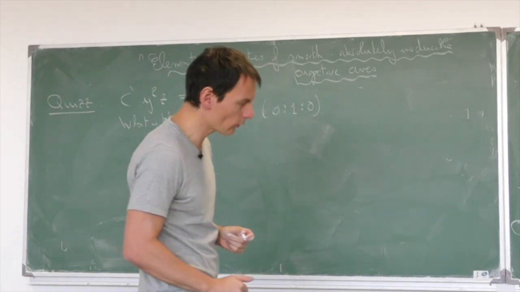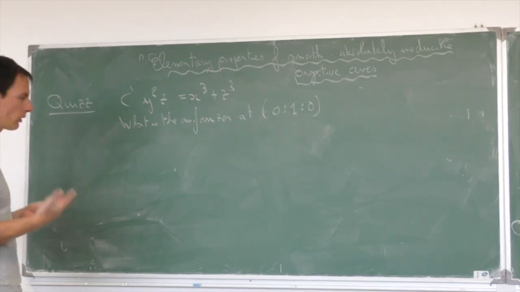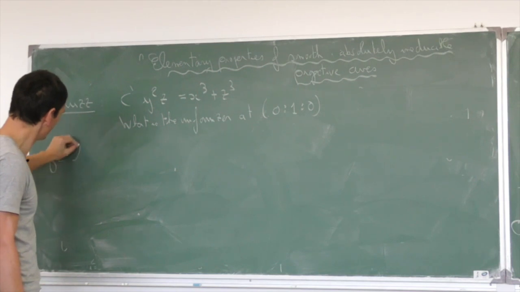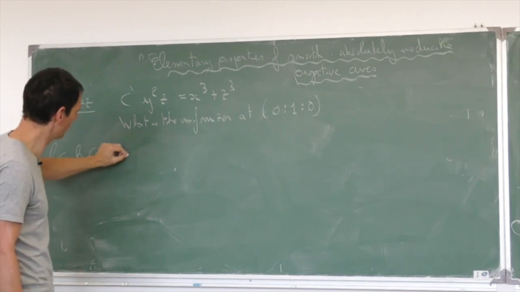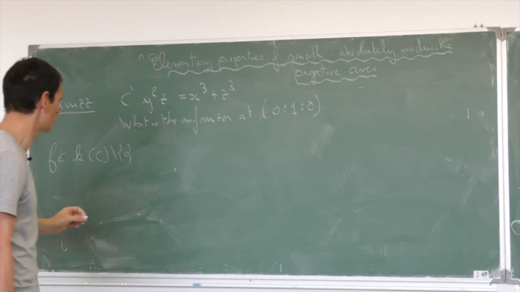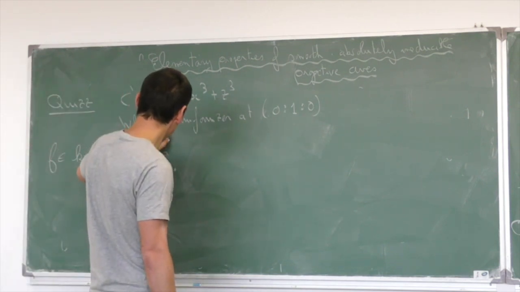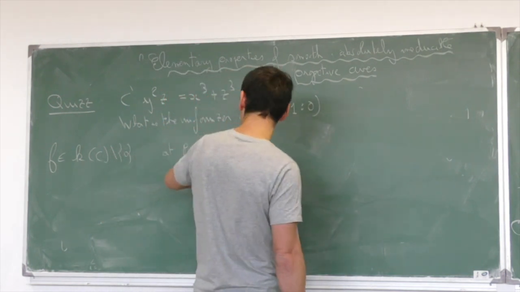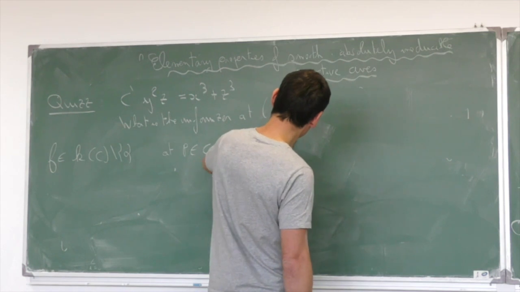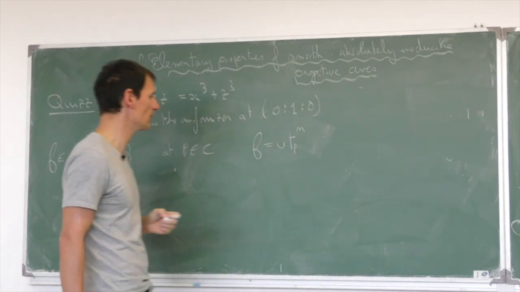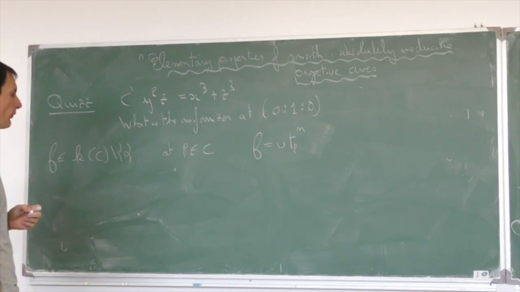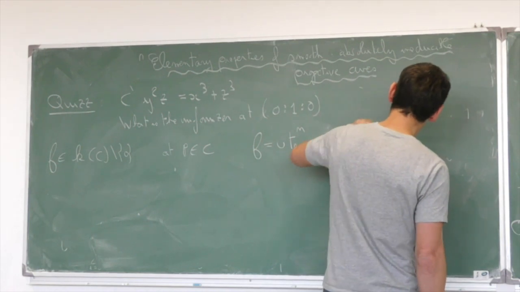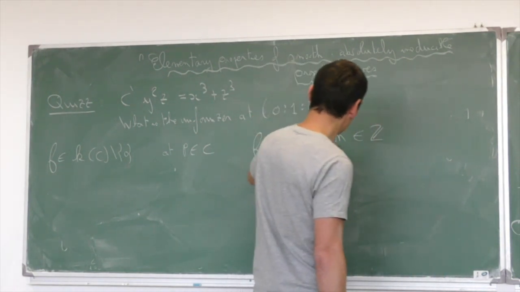OK. So let's come back to the more general situation. What we have is that any function on my curve which is not 0, at a point P which is on C and which is smooth, I'm going to be able to write my function f as u times T_P to the n, where T_P is the uniformizer, and with n an element in Z, and u invertible.